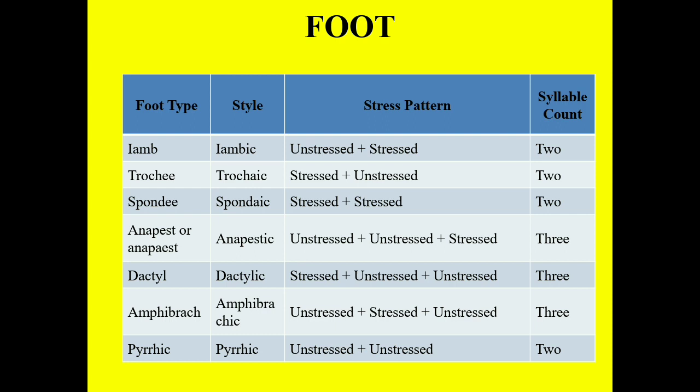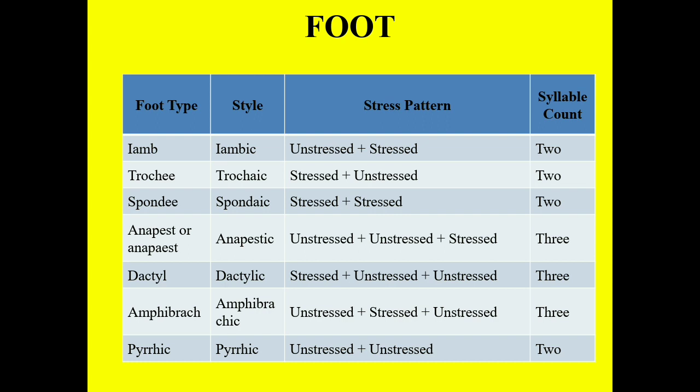And the third one is anapaestic, which is a trisyllabic foot, meaning it has three syllables. The first two are unstressed syllables and the third one is a stressed syllable. And the fourth one you can see is dactylic, which is also a trisyllabic foot, which has a stressed syllable plus two unstressed syllables.